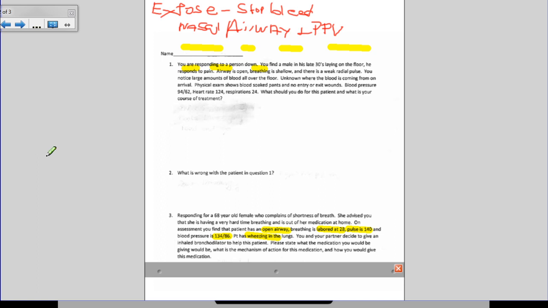All right, last meal doesn't tell us. Events leading up to the event doesn't tell us that either, I don't think. Time to breathe: this says that the patient's been having a hard time breathing. Not much on the onset. If we wanted to do an OPQRST, no mentions of provocation or quality.